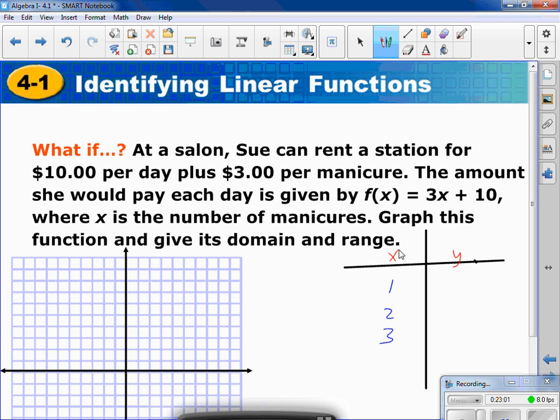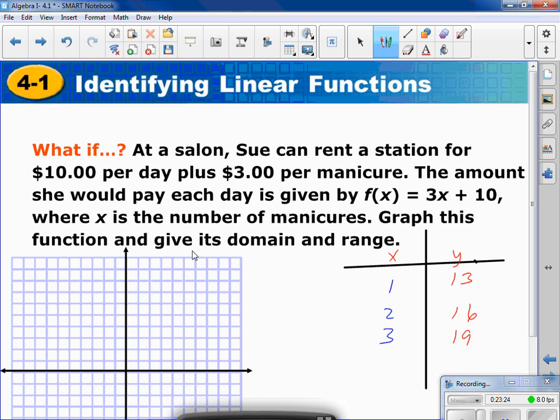X, Y. Now substitute in. What's 3 times 1? 3 plus 10 is 13. 2 times 3 is 6. 6 plus 10 is 16. 3 times 3, 9 plus 10 is 19.